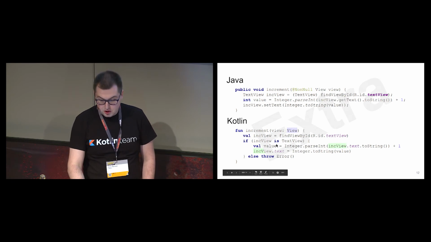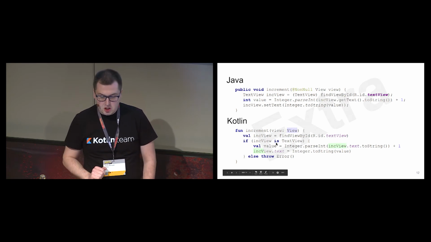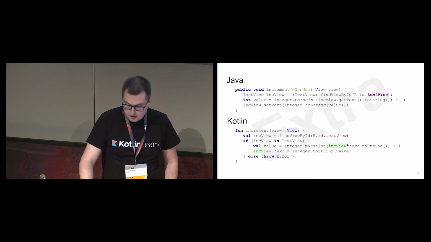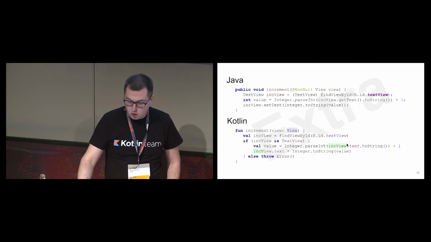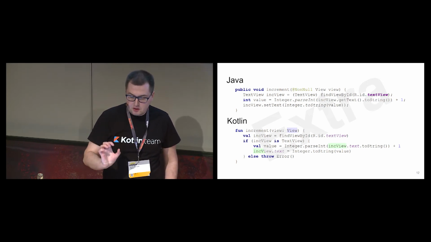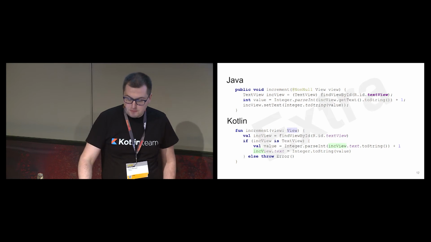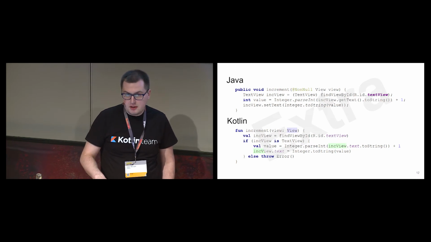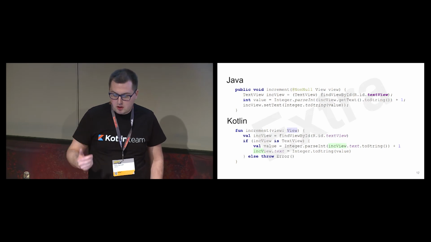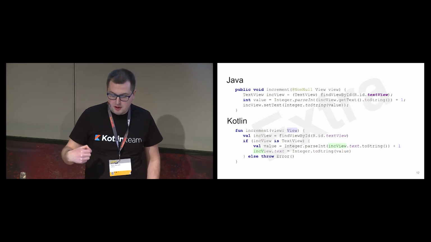You can just write an is check, and then inside of it, you can see that it has a green background. That means that the compiler inserts the casts to the type you need there automatically, and you don't have to do it manually. So in Java, you would have needed to create a separate variable of a particular type so that you can use the API you need.